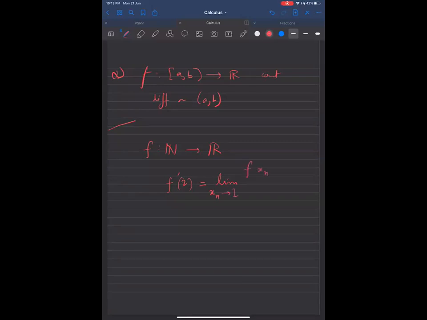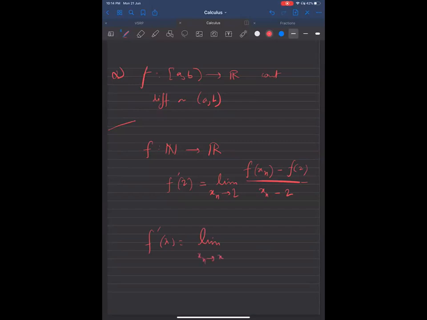So this is basically the definition of derivative as it should be. So derivative at x is defined something like this: f dash of x, for any set and any point x. If the limit exists, then we say that the derivative is equal to this.